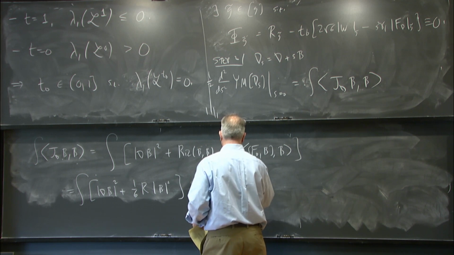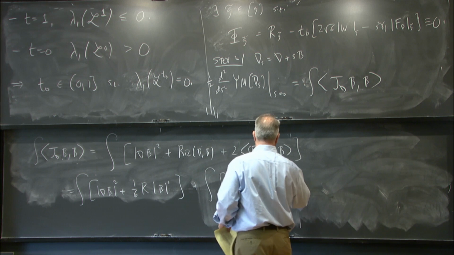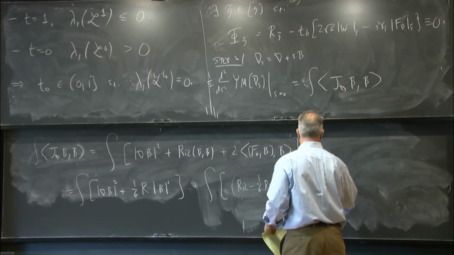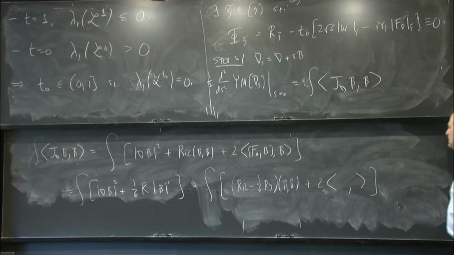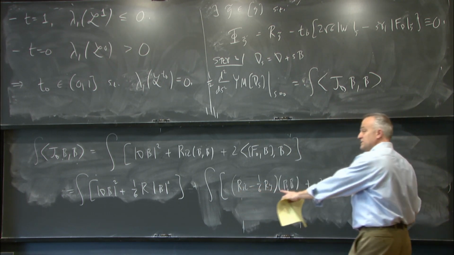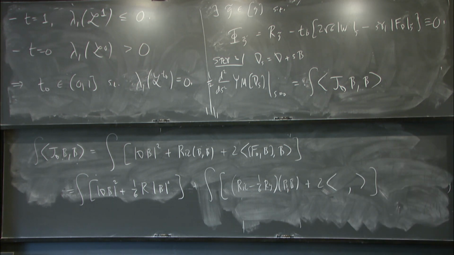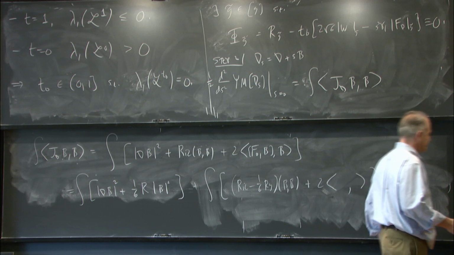So now I have a Ricci minus 1/6 scalar acting on B plus, let me just write it this way, this inner product of this bracket term. So now what I want to do is just do some simple linear algebra estimates of this. Well, not so simple, actually. If you want to get decent constants, it's actually a fair amount of work.